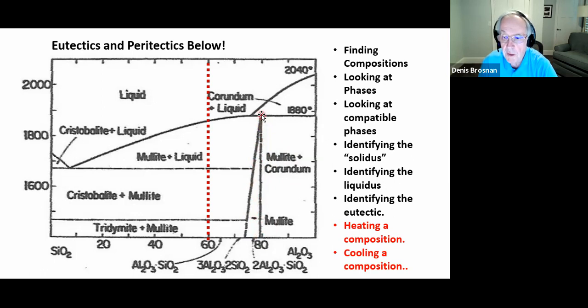Mullite melts at 1880 degrees Celsius, according to this diagram. So it's a pretty refractory compound, whereas aluminum oxide melts over 2000 degrees, right up here. Silica, by contrast, has a lower melting point, down around 1740 or 50 degrees Celsius.